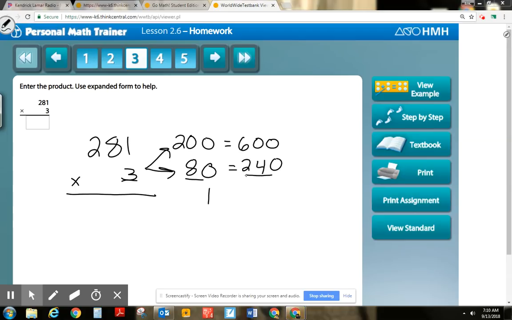That's kind of tricky writing that down. And then now I do 3 times 1. 3 times 1 is just 3. Add them together. 8. All right.